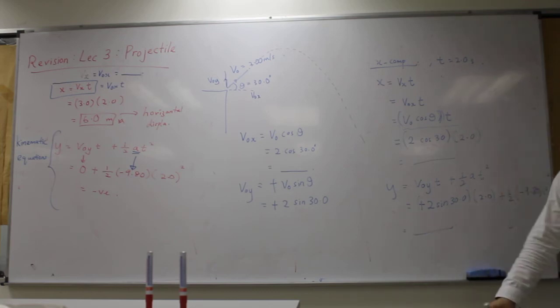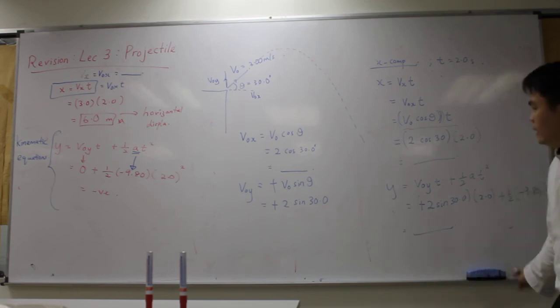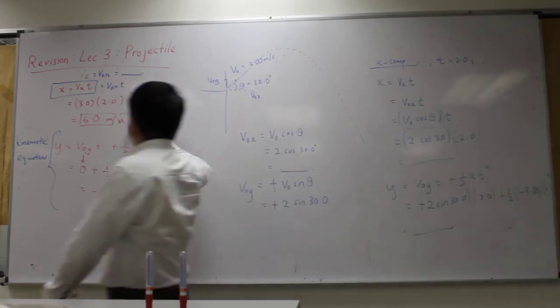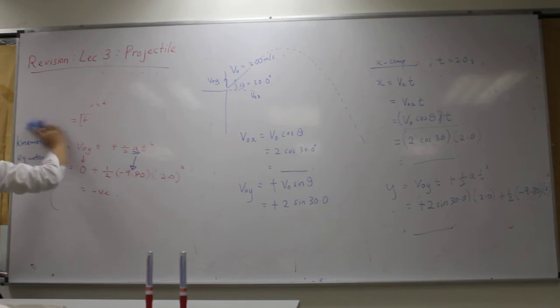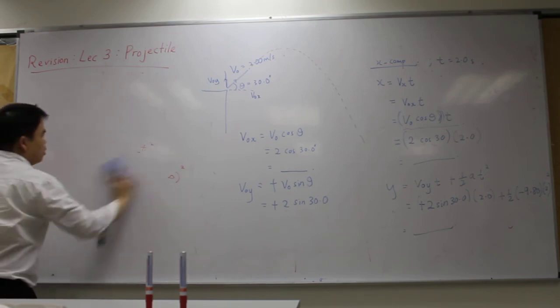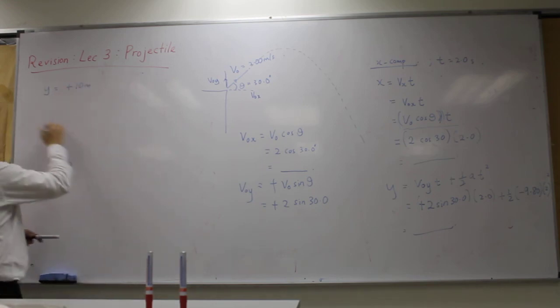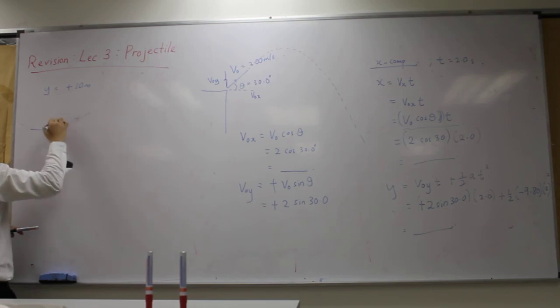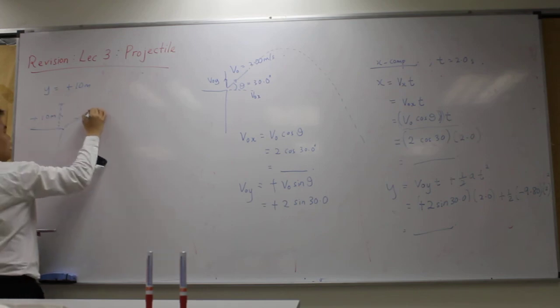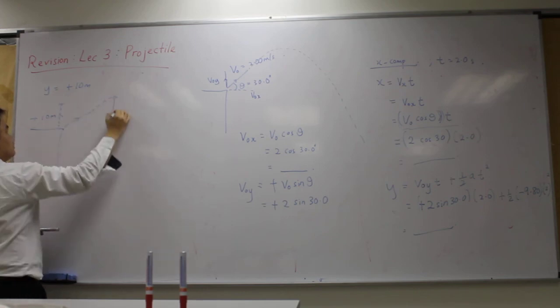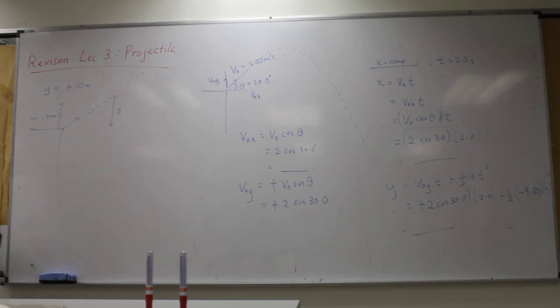For this y, if you get a positive answer, let's say in one case the value of y is plus 10 meter, that means from the reference you go up, so this is plus y.